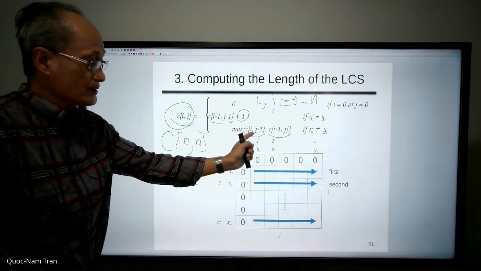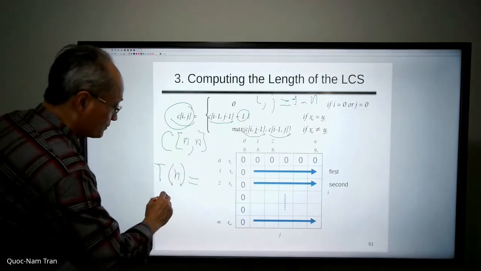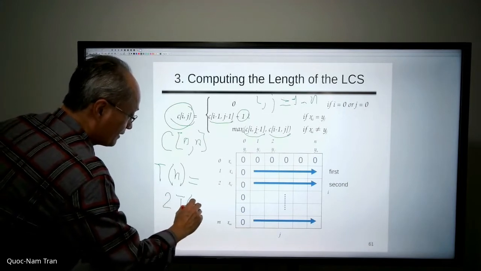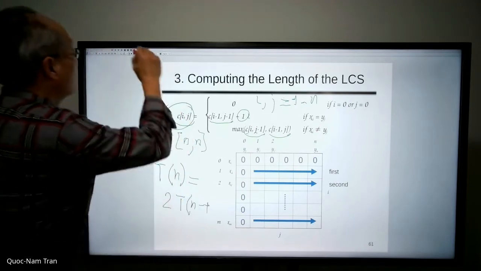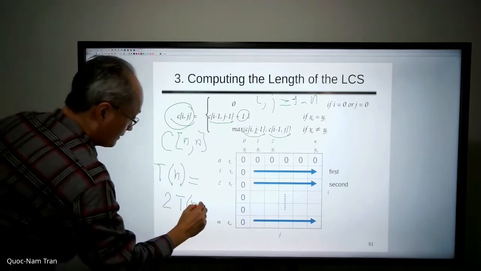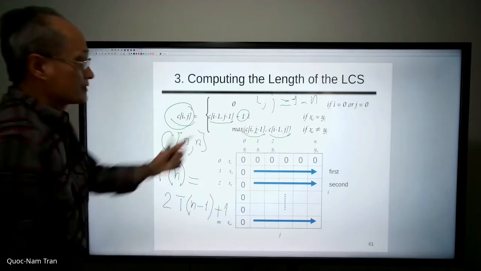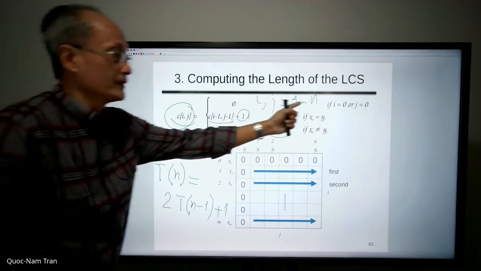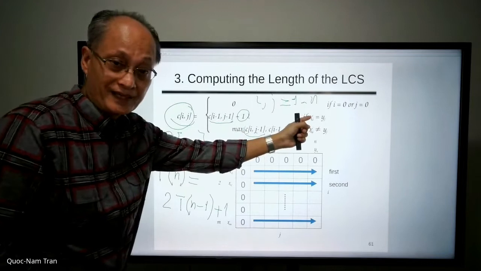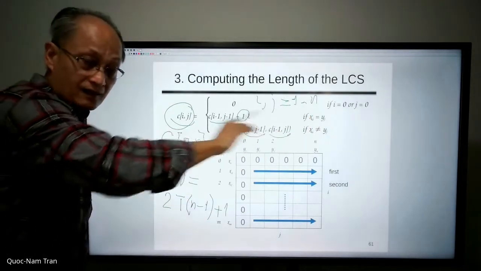Then you can see that T(n) is 2 times T(n minus 1) plus 1, right? Some extra cost for comparing if i is 0 or j is 0, and then the comparison here. So T(n), where n is the length of both sequences.